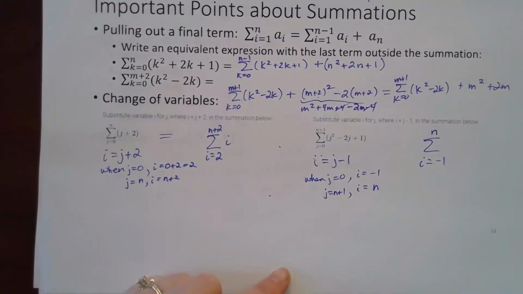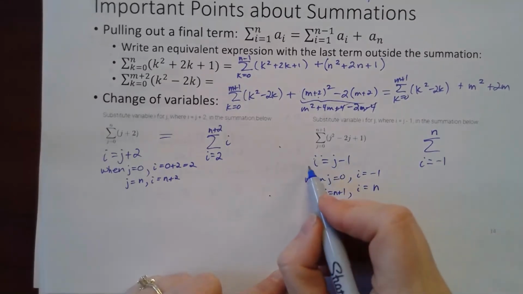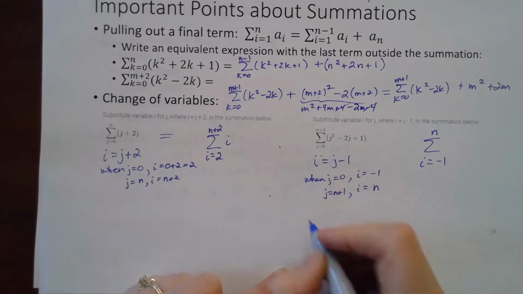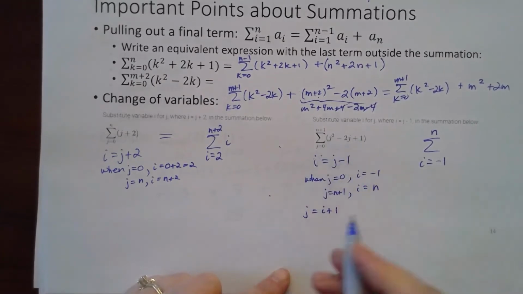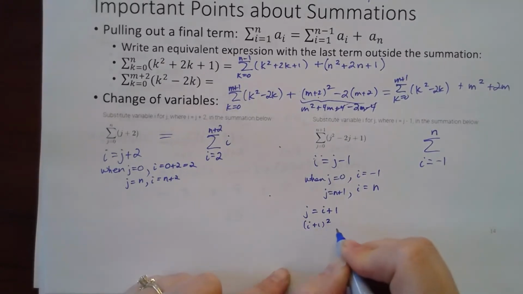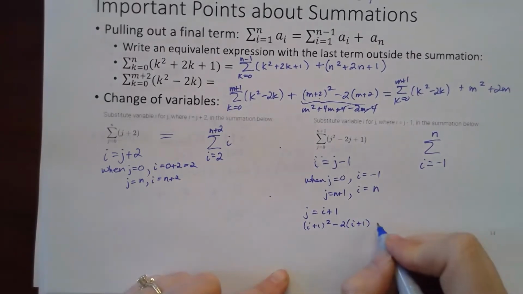Now the expression here is a little bit trickier. So let's solve this for j. If I equals j plus 1, then j equals I plus 1. So j squared would be the same as I plus 1 squared minus 2 times I plus 1, plus 1.